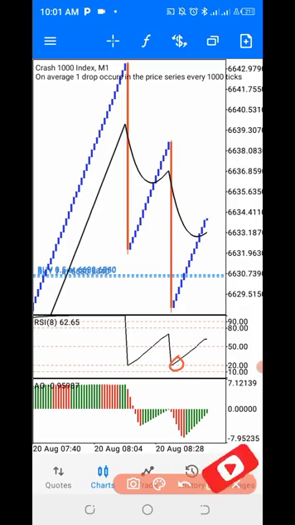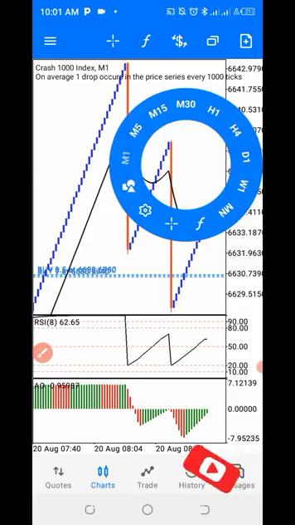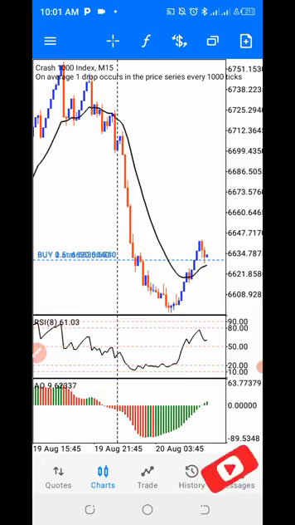It's not about just putting an indicator on your chart. You need to understand the pros and cons of that indicator. So these are the things we look out for to take our buy. Once these things align together, the major thing here is the moving average, right?